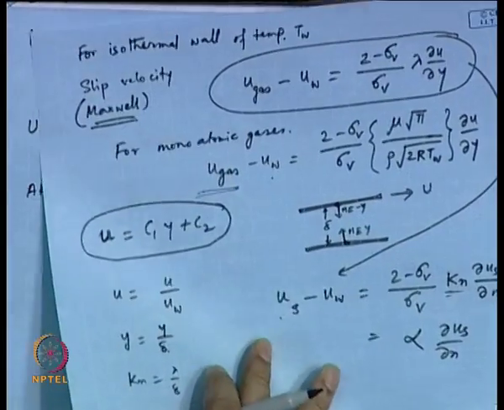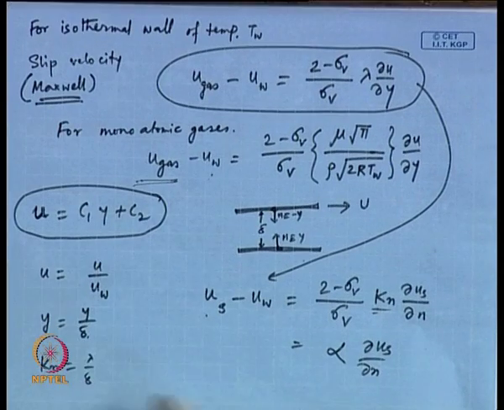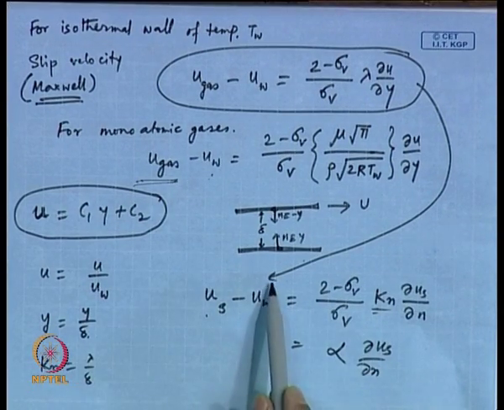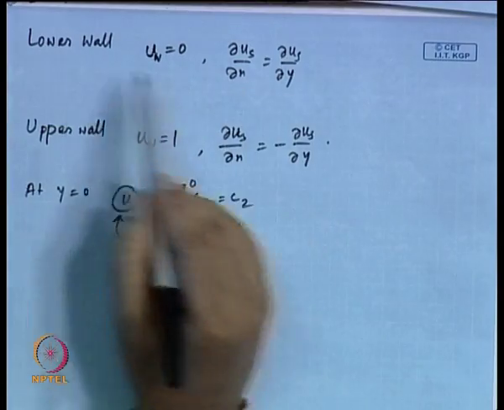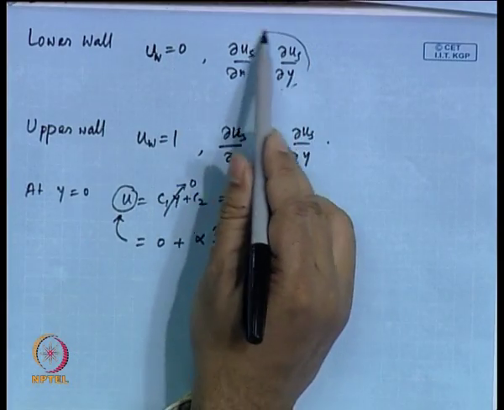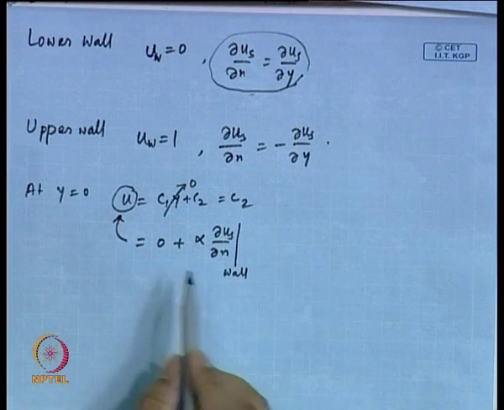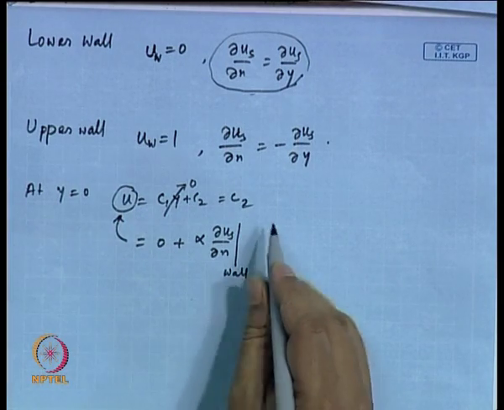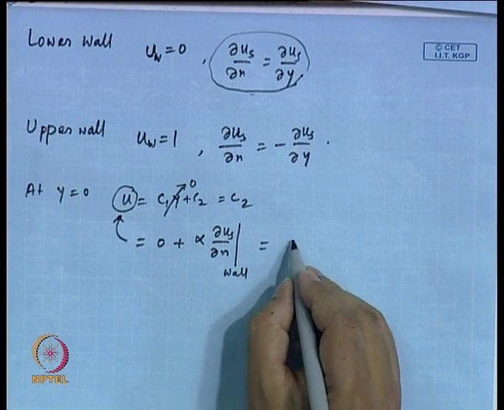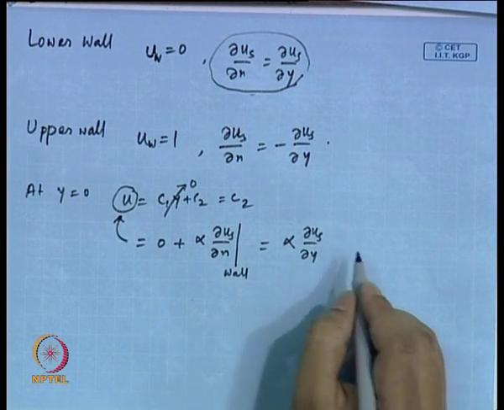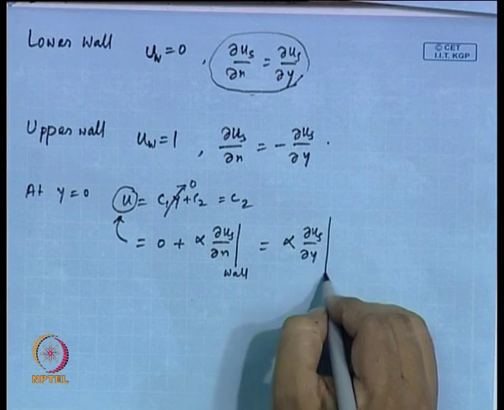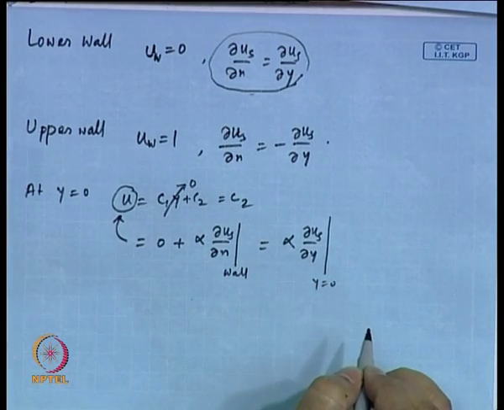We are assuming u_w to be 0 at the lower wall at y equal to 0, and on top of that we say that at the lower wall ∂u_s/∂n is equal to ∂u_s/∂y. So, using this we write 0 plus alpha ∂u_s/∂n, that is equal to alpha ∂u_s/∂y at y equal to 0, right.